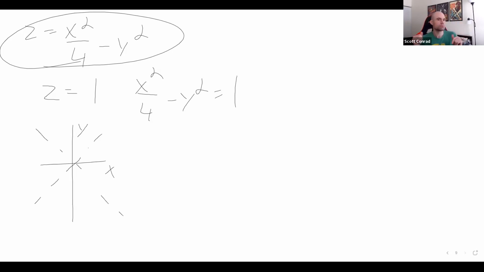Just two lines going through the origin, one of positive slope, the other of negative, the same slope. And is this one opening in the x direction or in the y direction? In the x direction.